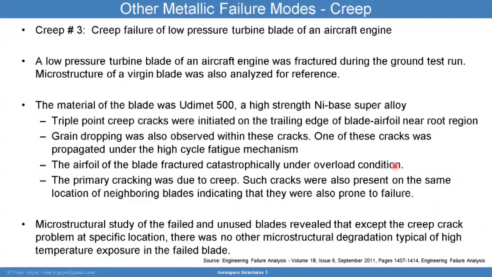And 3, you had this issue of an overload condition that ended in the failure event. The primary cracking was creep, and the microstructural study was key in trying to identify this failure mode at that particular location.